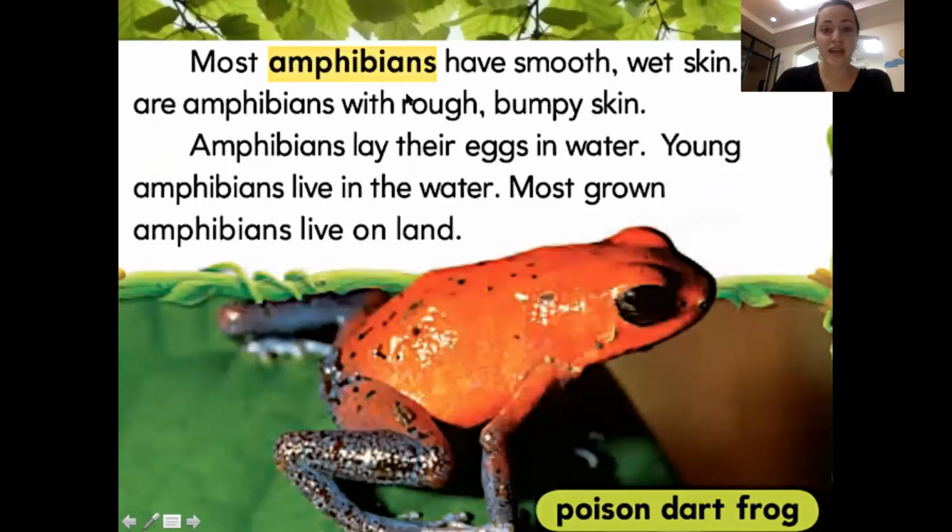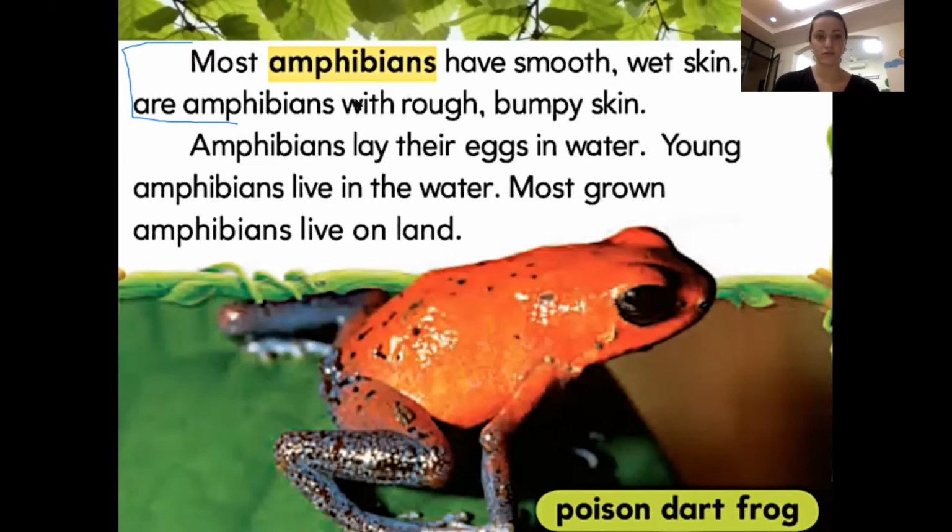Can someone read this first paragraph for me? Right here. Who can read this for me? Let's have Puppy. Could you read this for me? Most amphibians have smooth, wet skin.